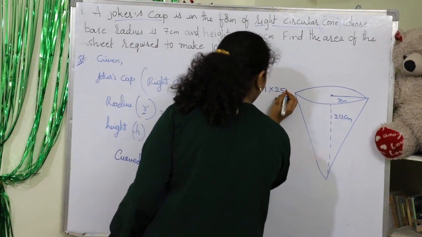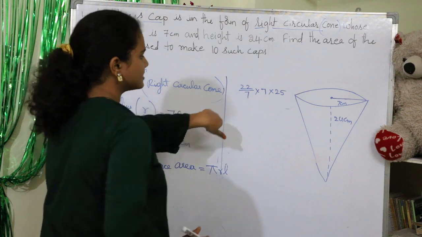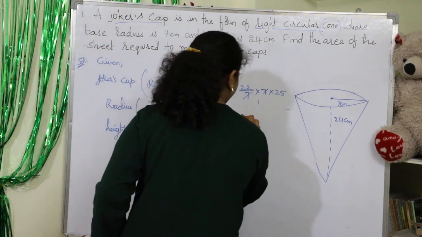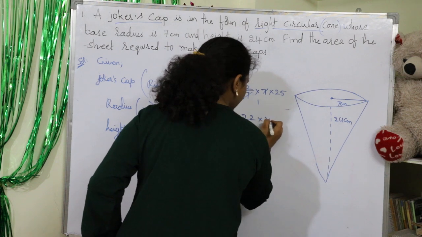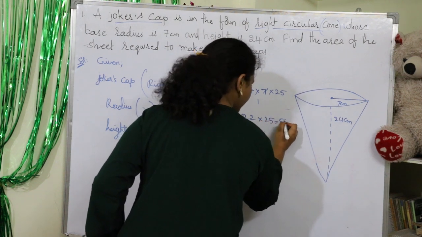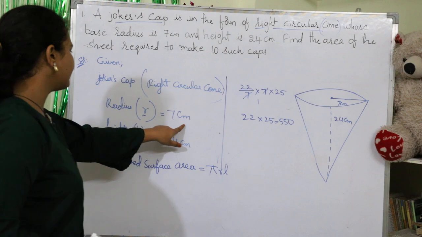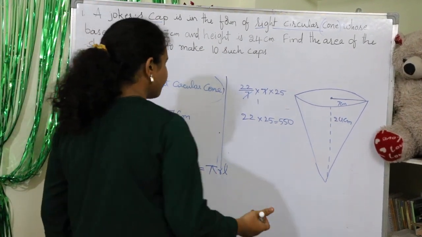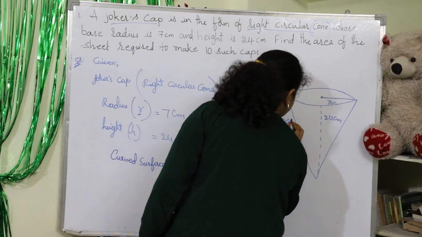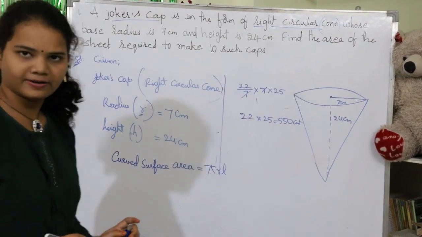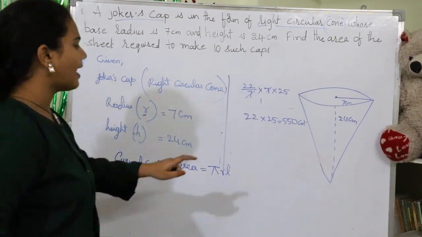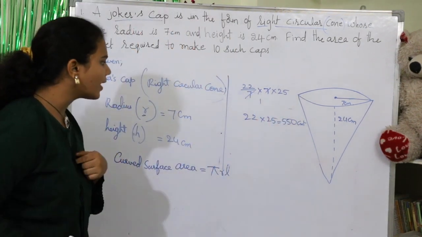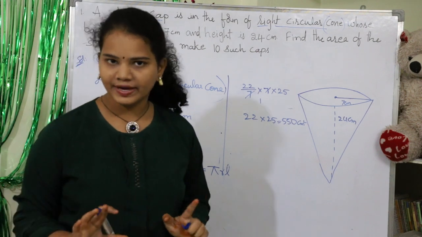Now 7 ones are 7, and we get 22 into 25, which gives 550. Centimeter into centimeter gives centimeter square, so 550 centimeter square. So to prepare one joker cap, the sheet I require is 550 centimeter square.